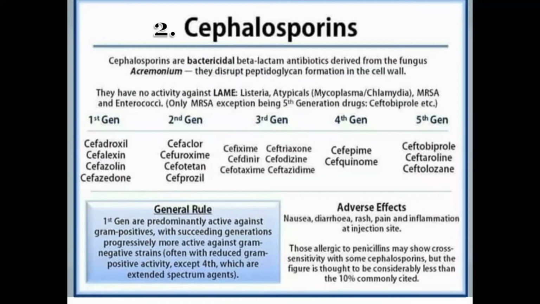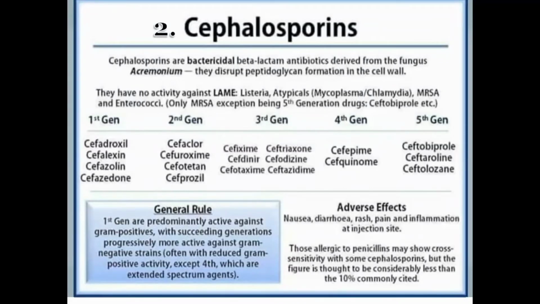That is, they don't possess any capacity of inhibiting or killing Listeria, atypicals, and Enterococci. Cephalosporins are classified into 5 generations, which include the first, second, third, fourth, and fifth.